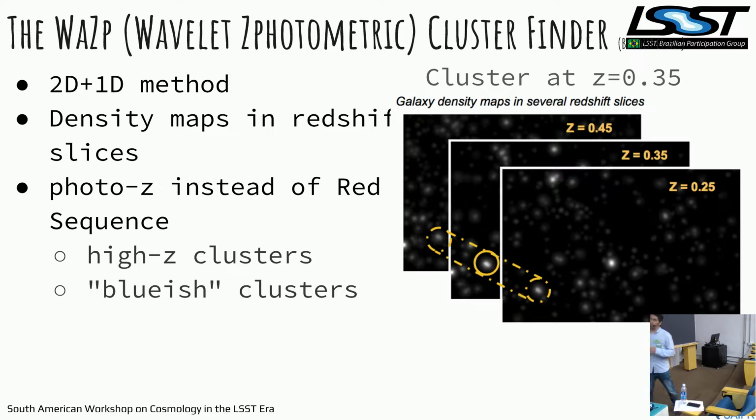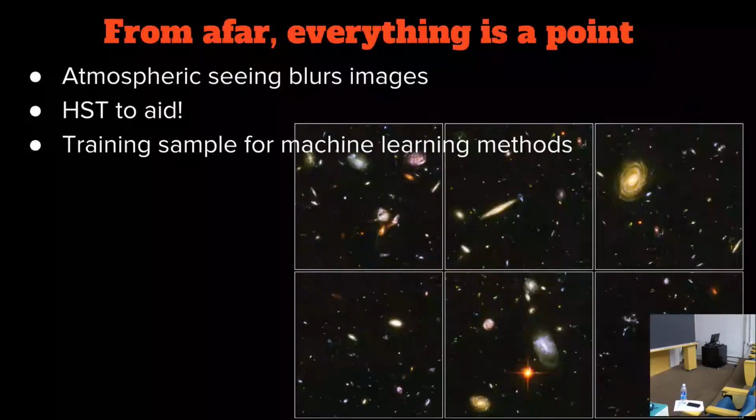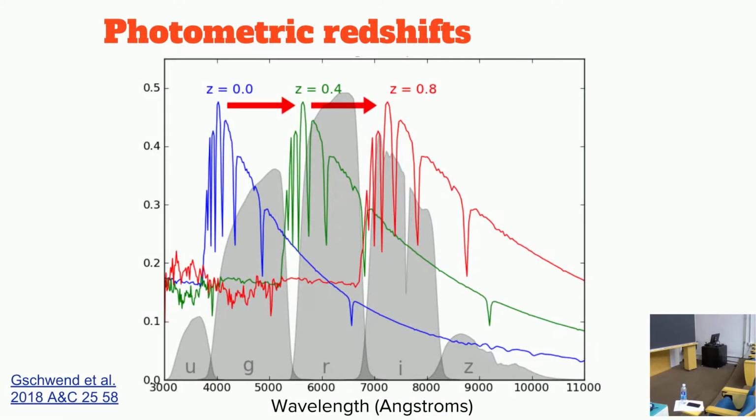Well, with photometry, if you have enough bands, you can measure a sort of redshift, right? That's what is in here. So in that case, the different redshifts would be just different bands. You can see this is the same spectrum displayed at different redshifts. If you convolve the passband with the spectrum, this translates into different fluxes in each band.